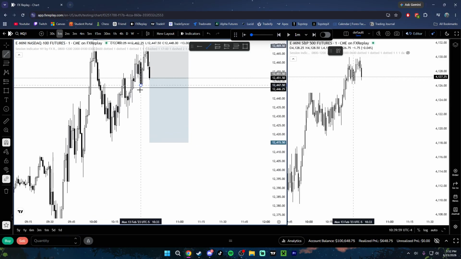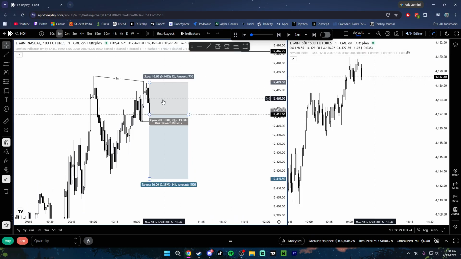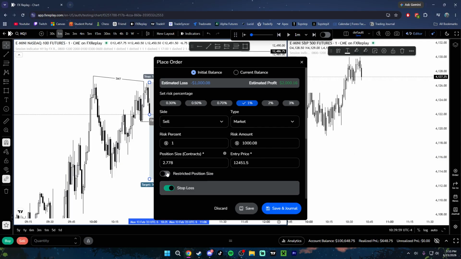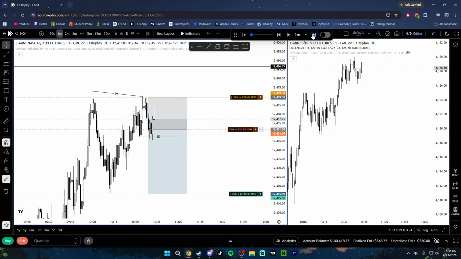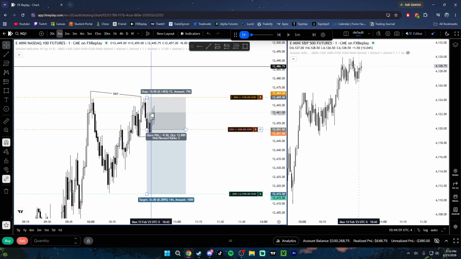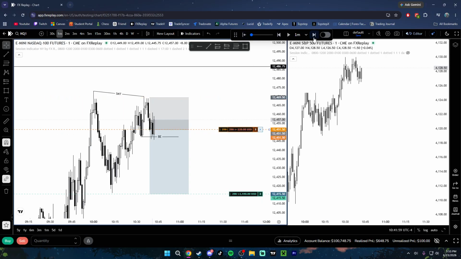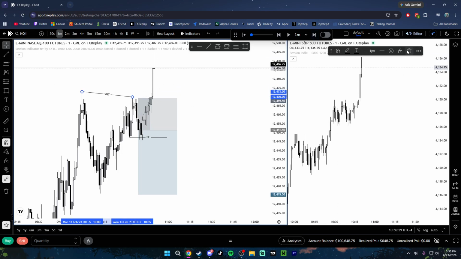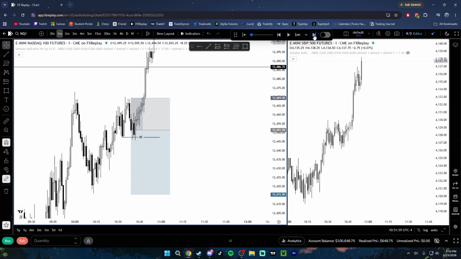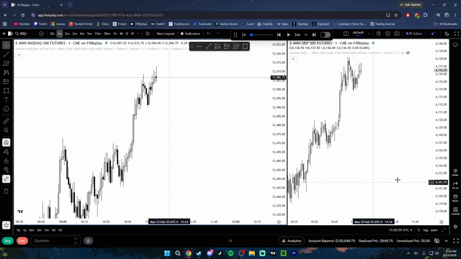And break even at this internal low. Yeah, that's break even. Let me go back. Okay, we set that. Let's see if we get a reaction. Alright, next day.